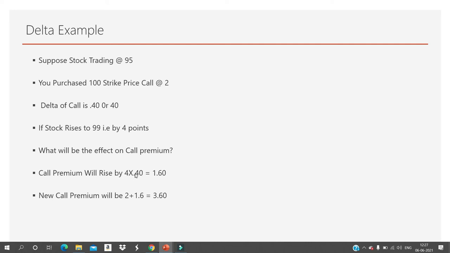So our call premium will rise by 1.6. Earlier 2 was the premium, and we add 1.6, the change that has occurred in call premium due to movement in our stock price. So our new call price will be 3.6. I hope it is clear.